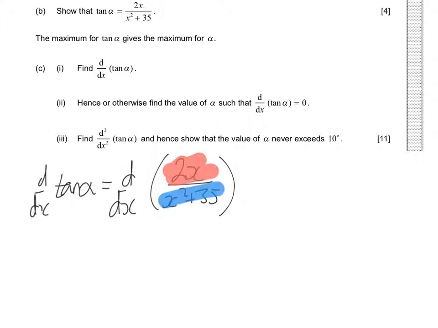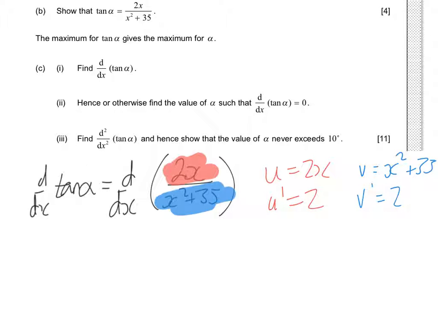Use that as u, that's v. u is equal to 2x, u dashed is equal to 2, v is equal to x squared plus 35, v dashed is equal to 2x.